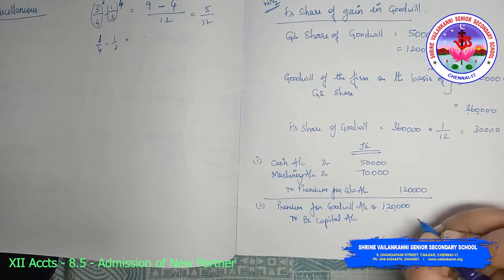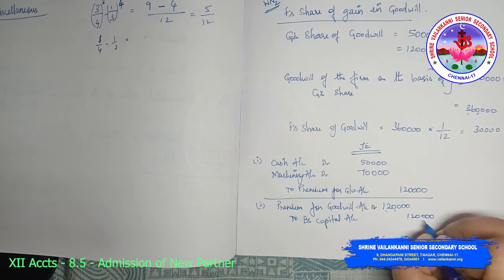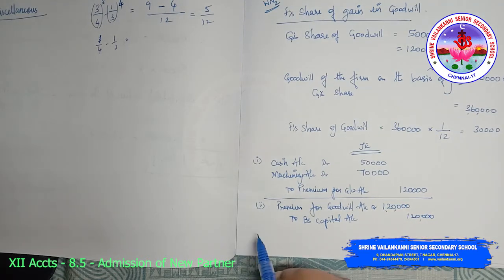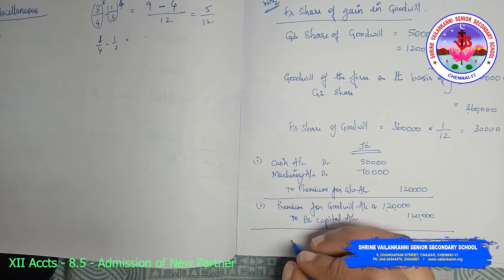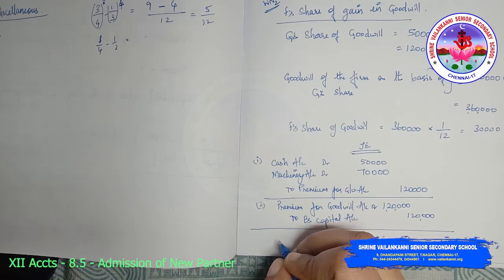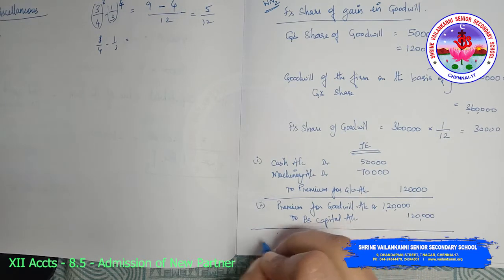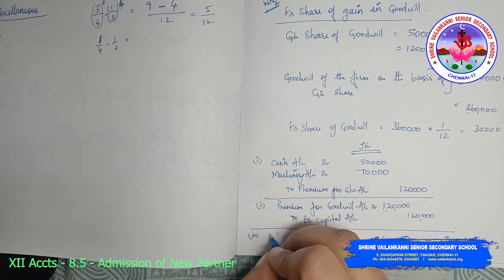So G has to compensate only E. F is a gaining partner, so no compensation needed. Next is gaining partner share. So being F's share of gain in goodwill charged from his capital, transferred to E's capital.